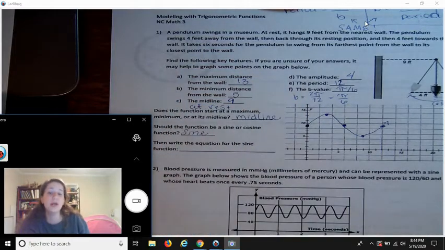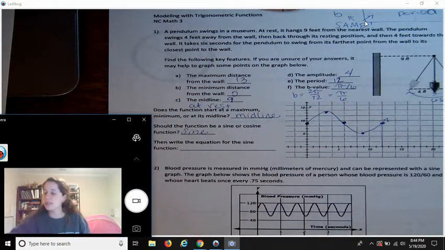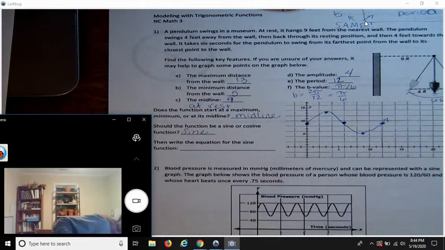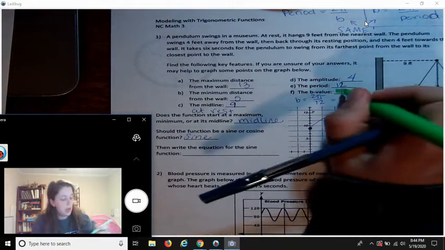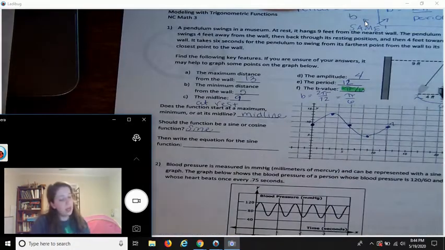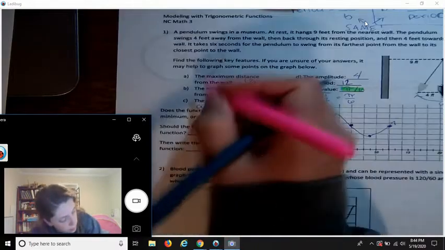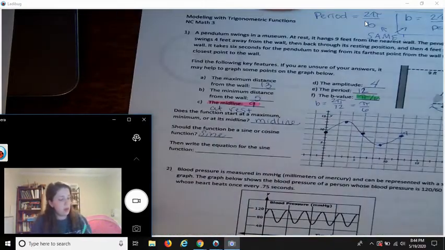Then it says write the equation. So I'm going to use, let's see, yesterday I used pink, yellow, and green, I think. Oh, I should really look at those notes. Okay, so my B value is going to be my green piece. My midline was my pink piece. And then my amplitude was my yellow piece.